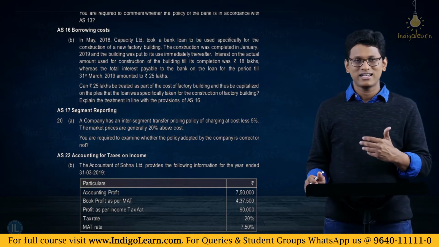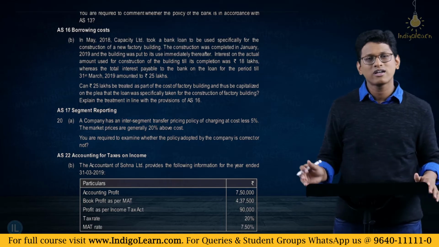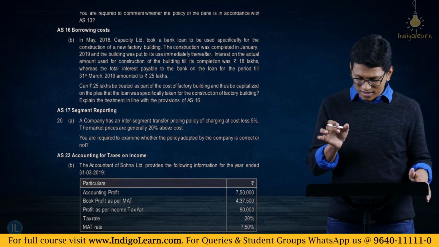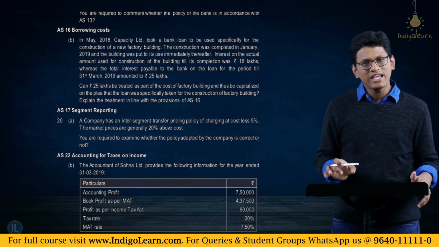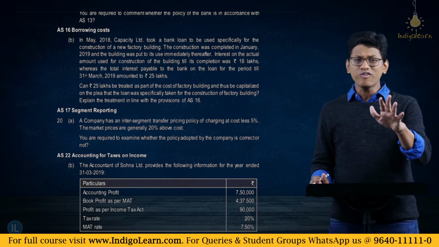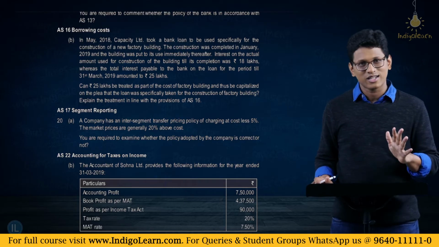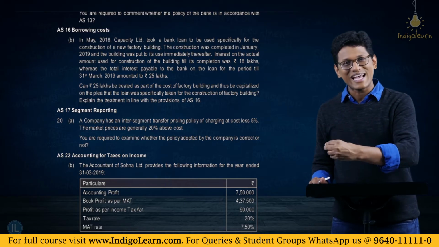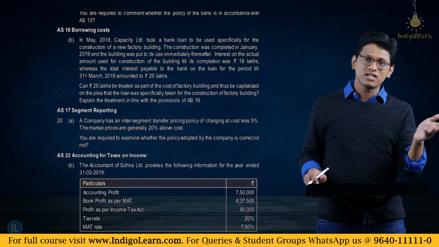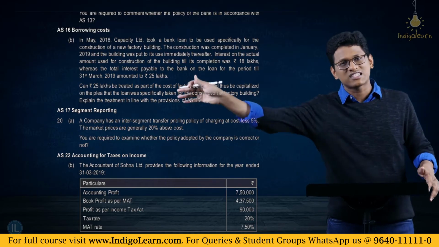However, we can write a note and state that it is assumed that the company has a policy for this asset to be considered as a qualifying asset for the purpose of AS 16. Okay, let us assume that there is a policy like that. So this became a qualifying asset. So your assumption made this asset into a qualifying asset. Otherwise, if your assumption is that this is not a qualifying asset, then your answer will be not a qualifying asset, entire 25 lakhs debited to P&L.